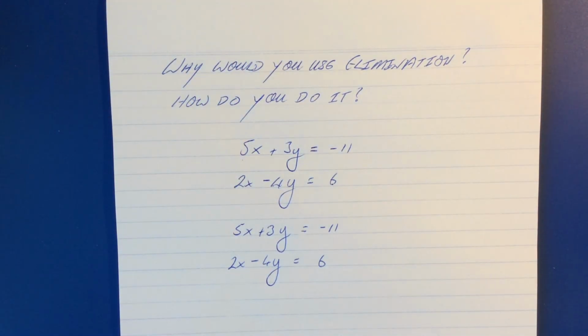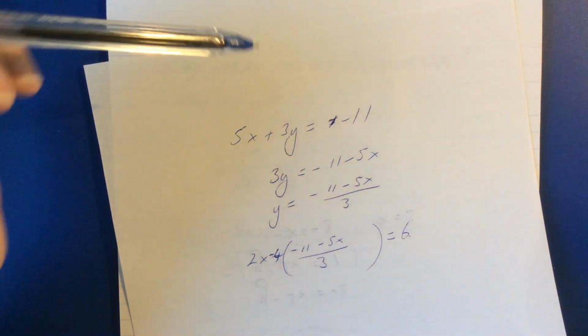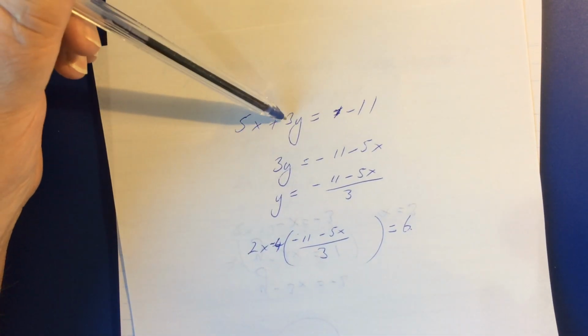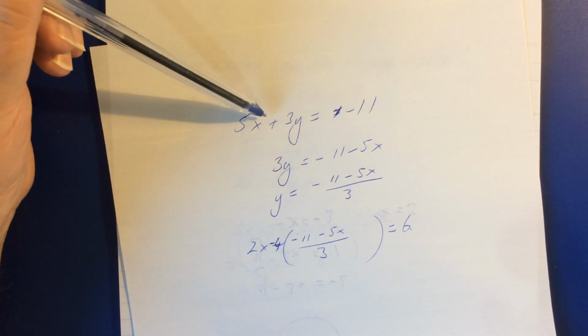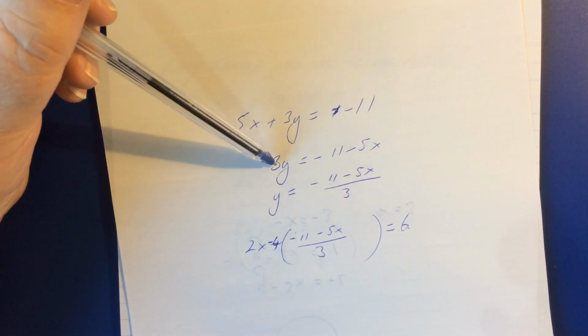The answer to the first question is that if you use substitution, and I've done a calculation on quite literally the back of a sheet of scrap paper, if you try and find a value for y in terms of x, what you get is the following.